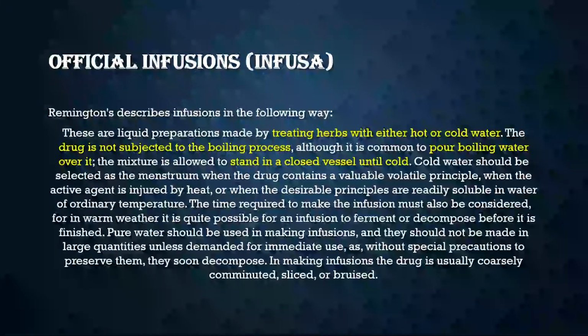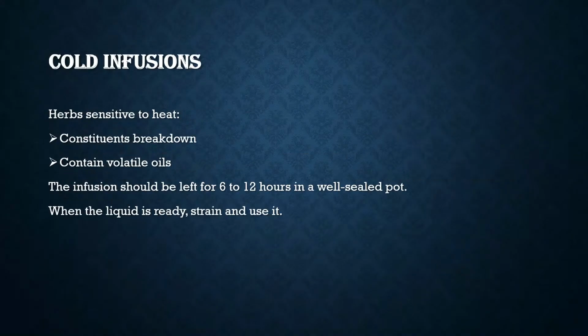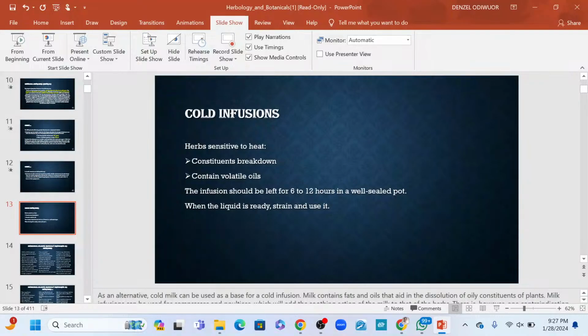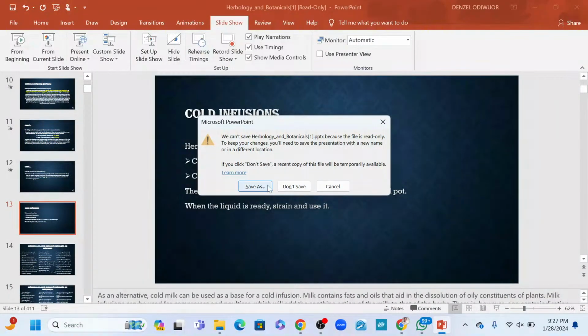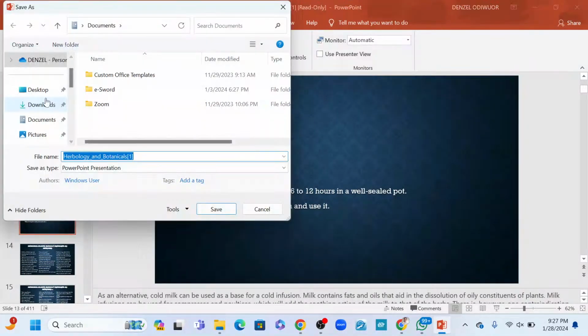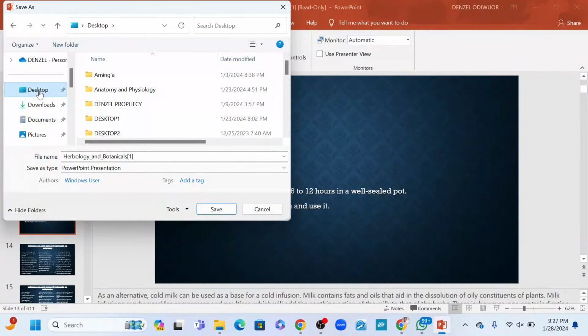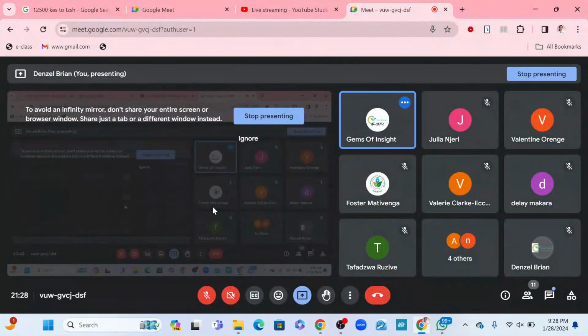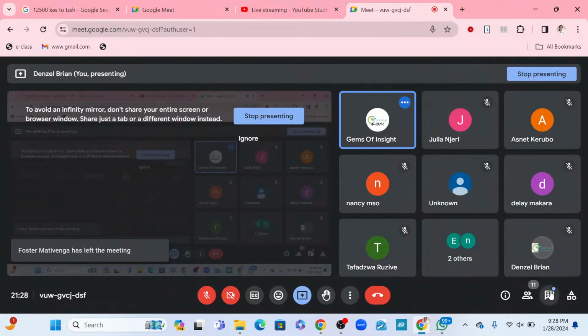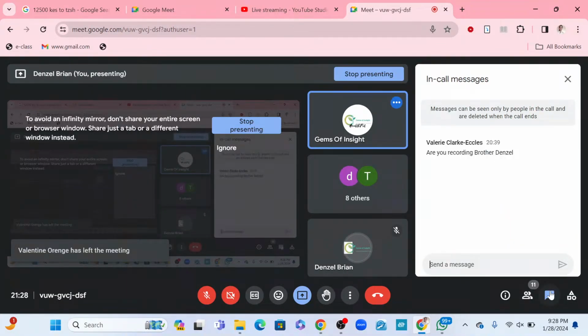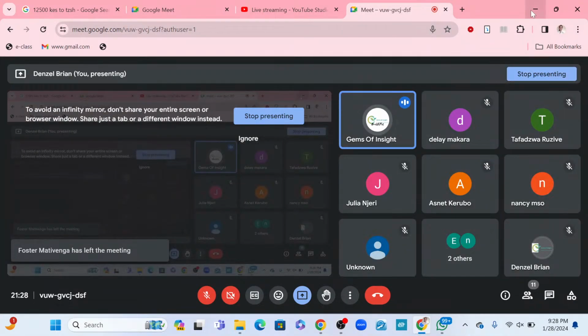My laptop is disturbing me today. I really don't know why this is happening. Let me try again. Wait once. Let me just try something and see if it will solve the problem. I don't have this document stored in my laptop. It might be the reason why. So we're only 11 in the meeting.